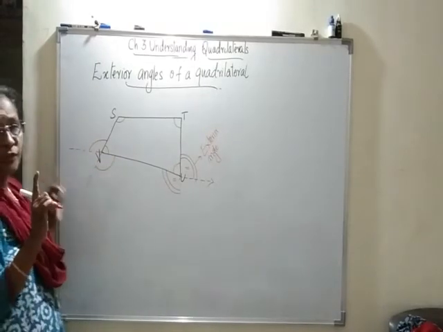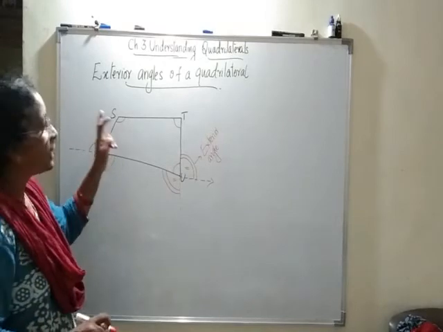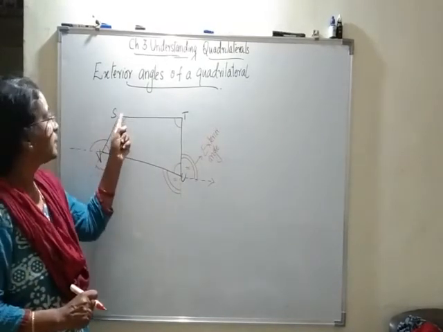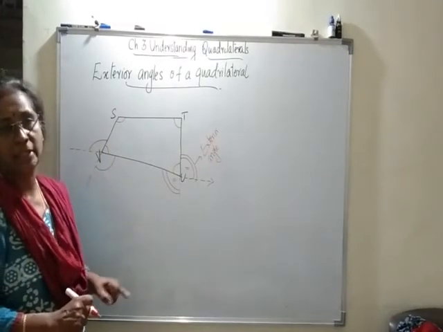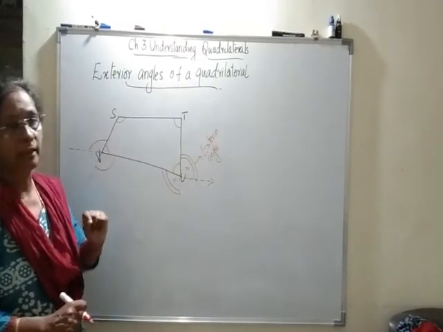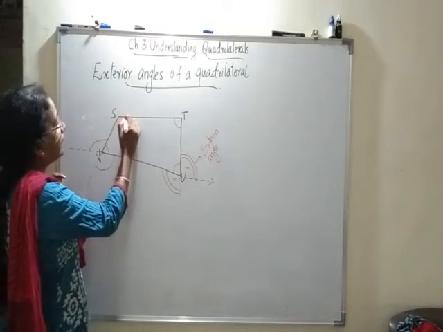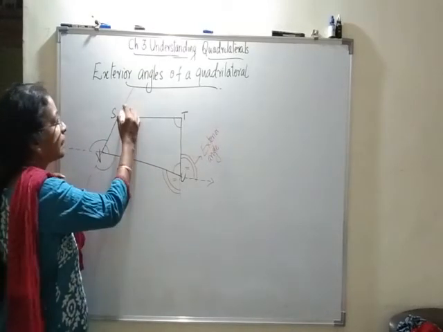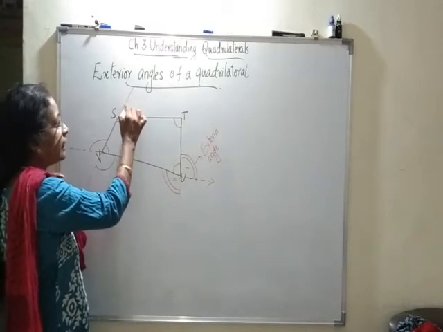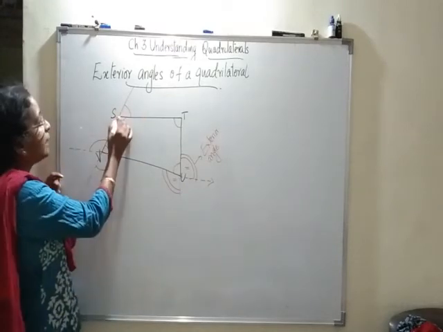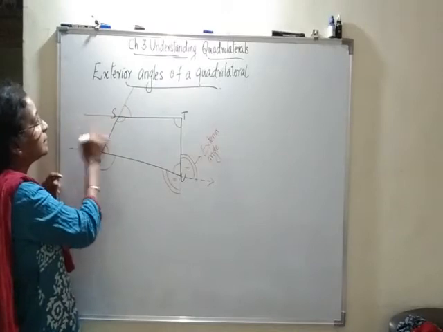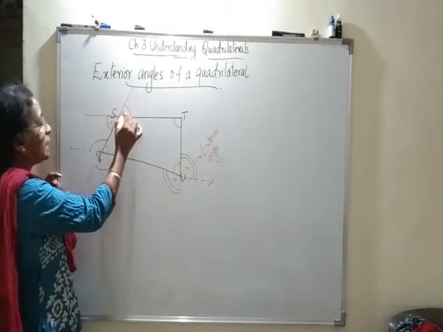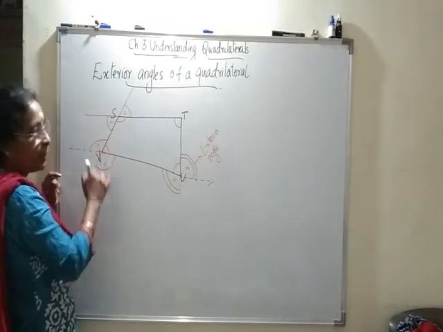So how is an exterior angle formed? Extending one side and taking the adjacent side, you get an angle. Okay, let us see. If I take this side and extend this side, here I will get one. And if I extend this side, here I will get one. So these two are equal. Similarly, here these two are equal.